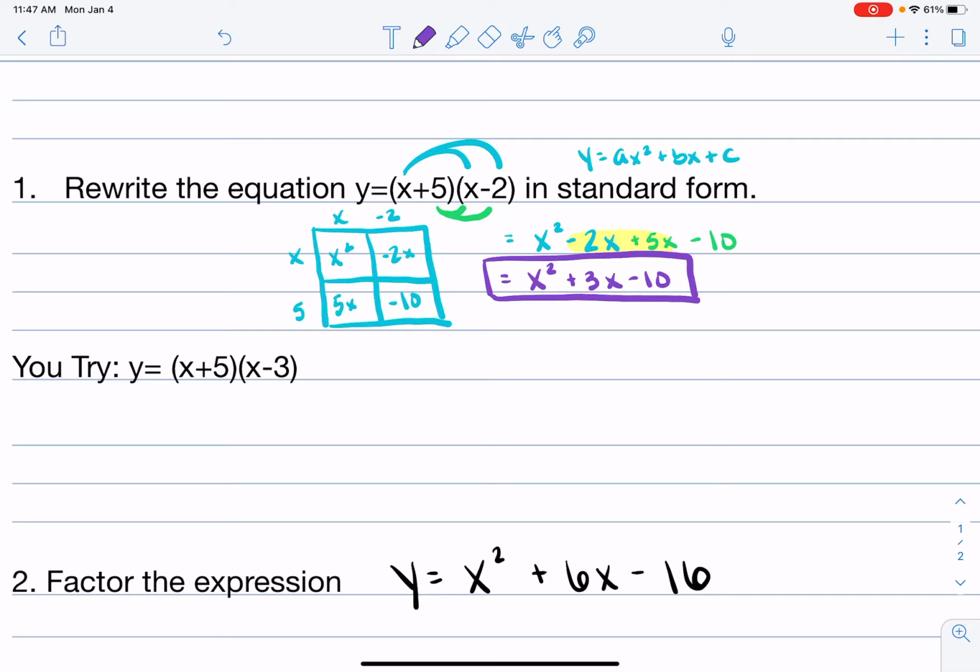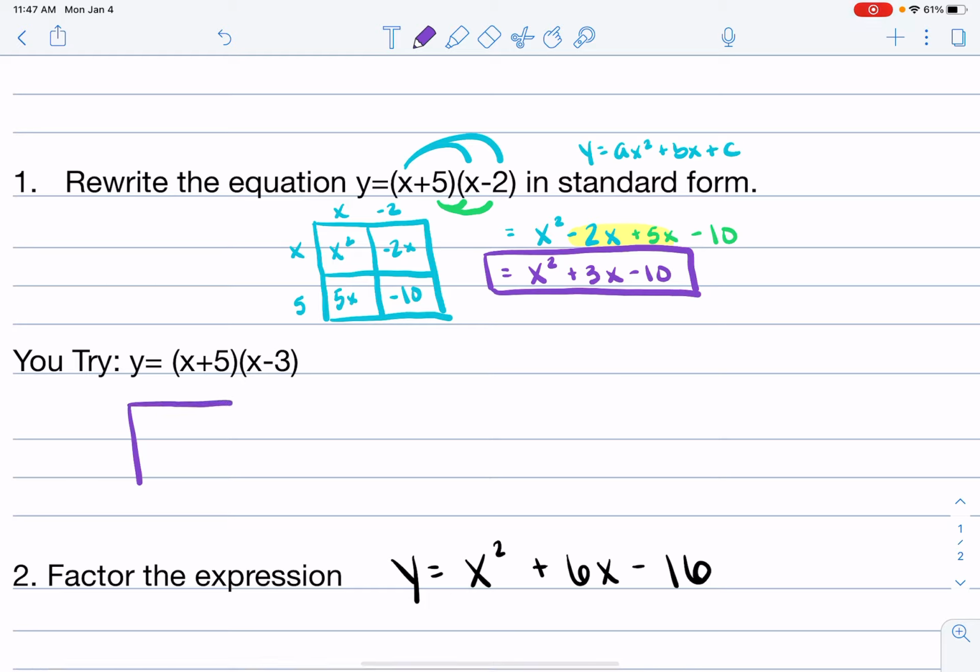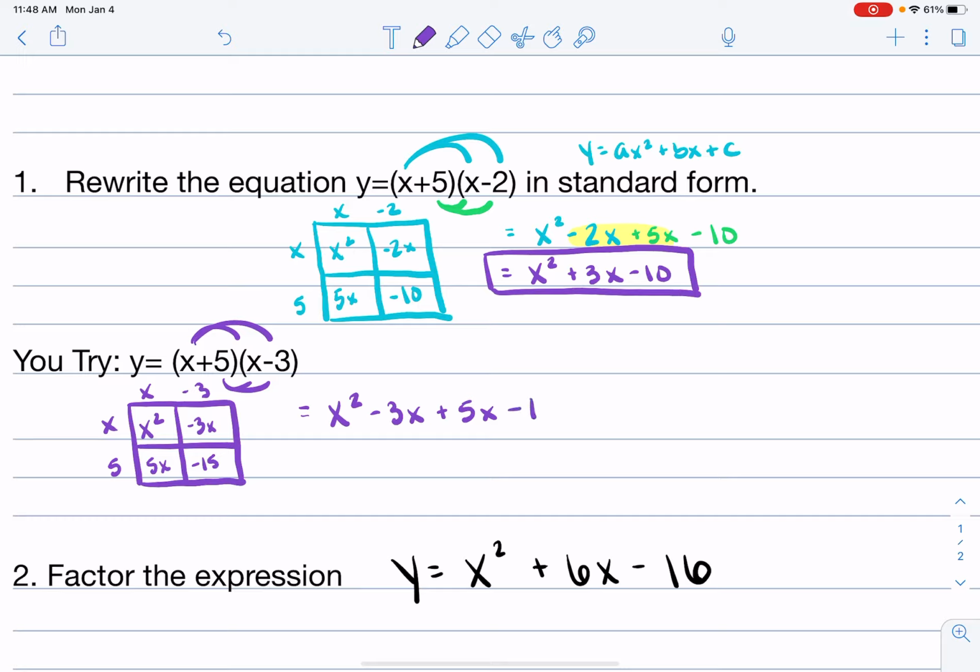So what you should have gotten, if you FOILed, is x times x, x times minus 3, 5 times x, and 5 times negative 3. Now we're not done. You do have to put them together, so negative 3 plus 5 would be a positive 2x, and that should have been your final answer.